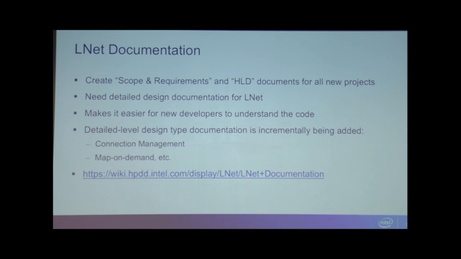So we're trying to write more detailed design in our wiki link down here, so that if somebody's looking at some code and wants to look at the documentation, they can take a look at the descriptions that we wrote here. That's kind of incremental. Whenever we run into something like connection management or MapOnDemand or whatever, we document it to make sure that when we go back, we don't have to reread the code again, right?